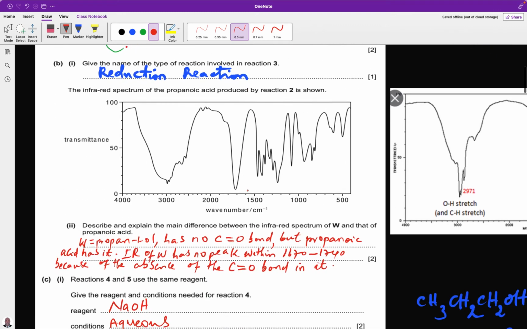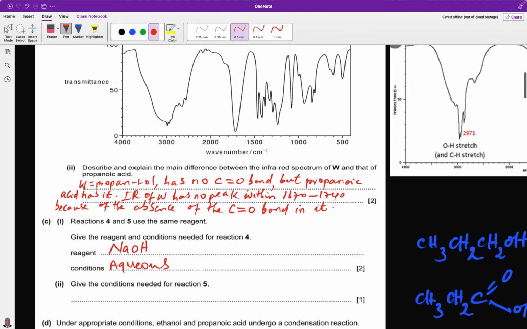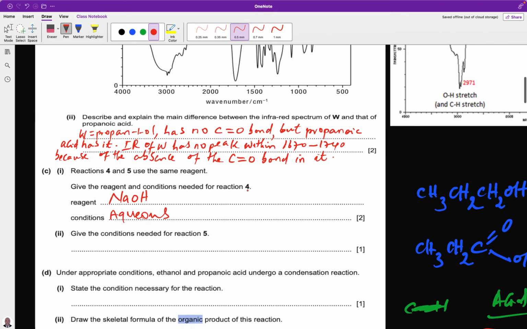The condition needed for 5 is alcoholic, which is ethanol: alcoholic sodium hydroxide. So the condition is alcoholic, in ethanol.